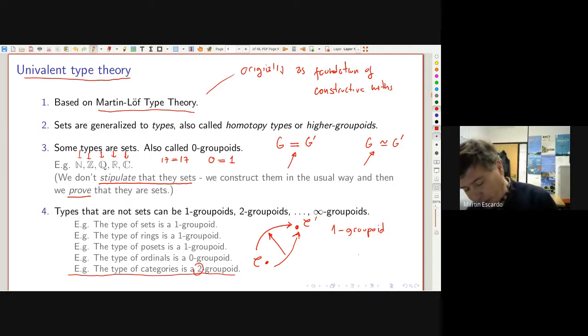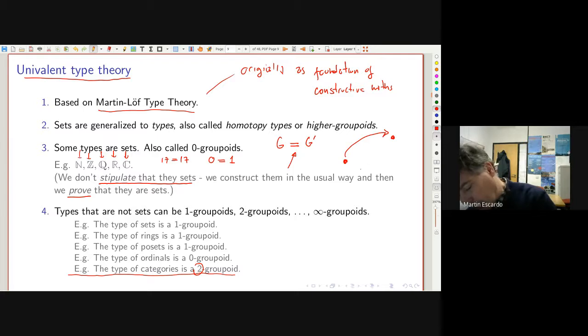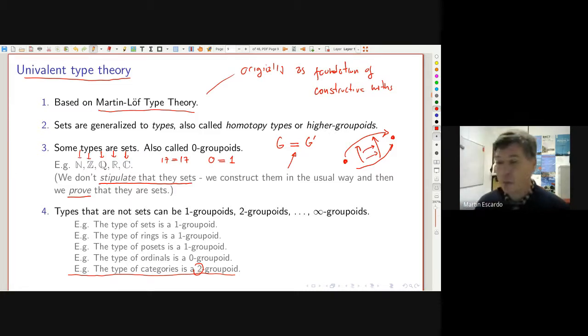And in some other examples, it can be more complicated. They can be 3-groupoids. So you can compare the elements of the type, you can compare the comparisons, and then you can compare the comparisons of the comparisons. That will be something like a 3-groupoid. I'm going to give a more mathematical definition later, but the pictures are like that.